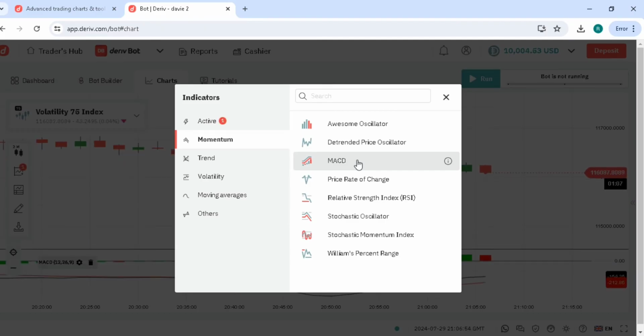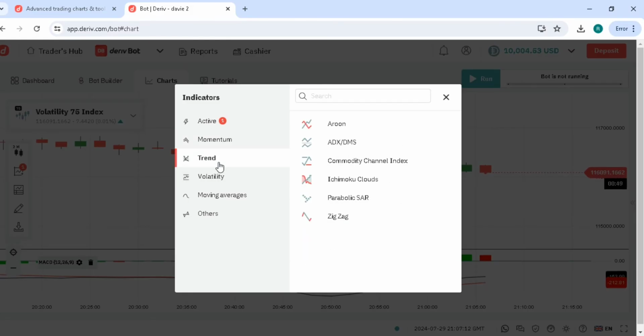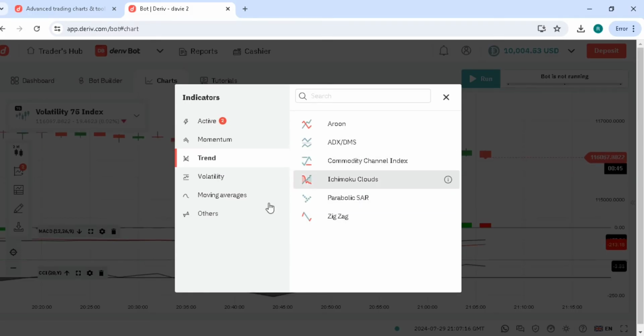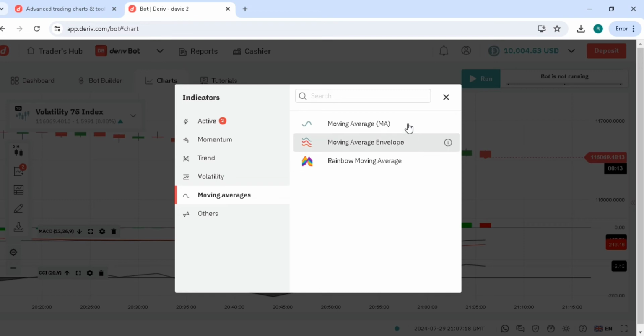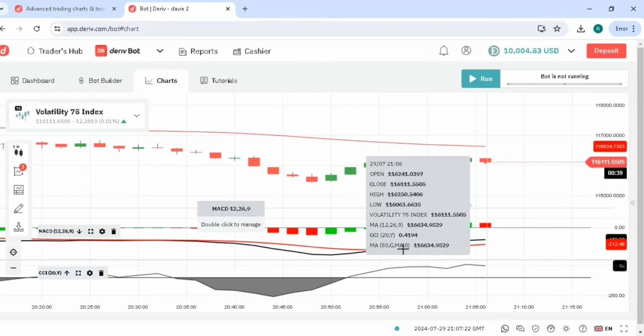The only problem is that if you include the indicators here, they don't appear as big as in the trending view. So it's not that pretty. So MACD, you can also add the ones for trend. You can add CCI, the moving average, but when you look at them, they are not that nice.